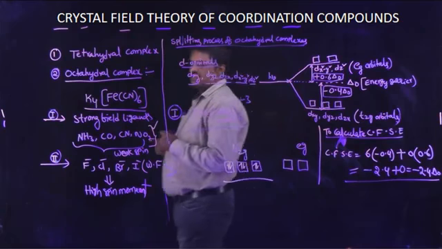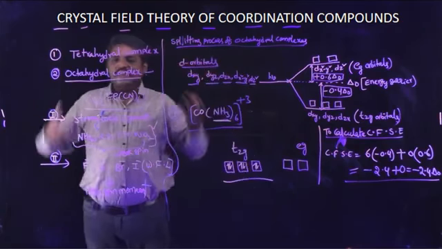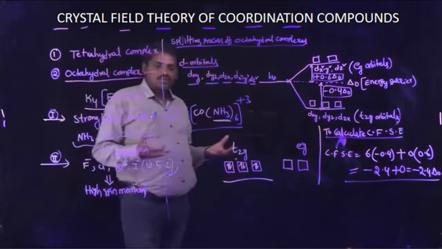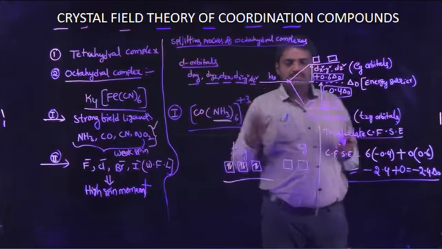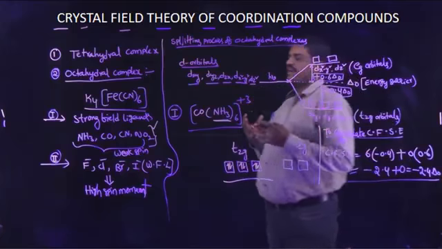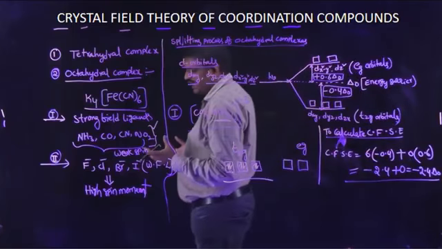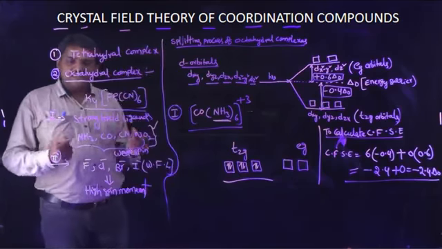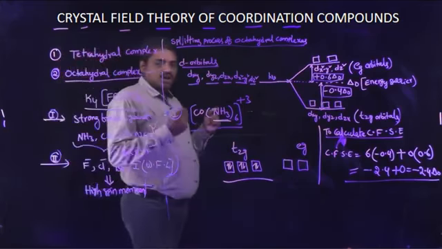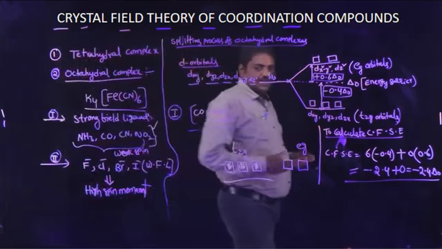Now students, these ligands are subdivided into two categories: strong field ligands and weak field ligands. What is the difference between a strong field ligand and a weak field ligand?